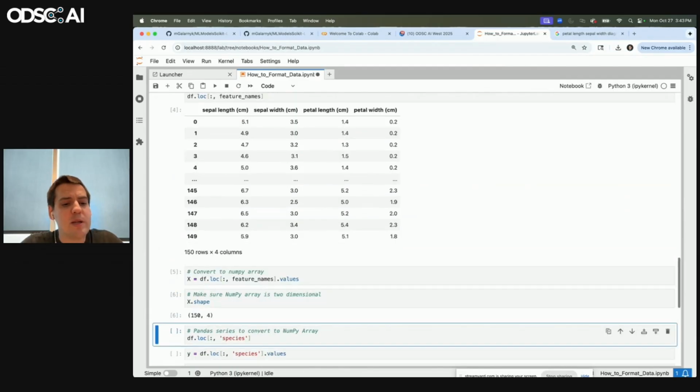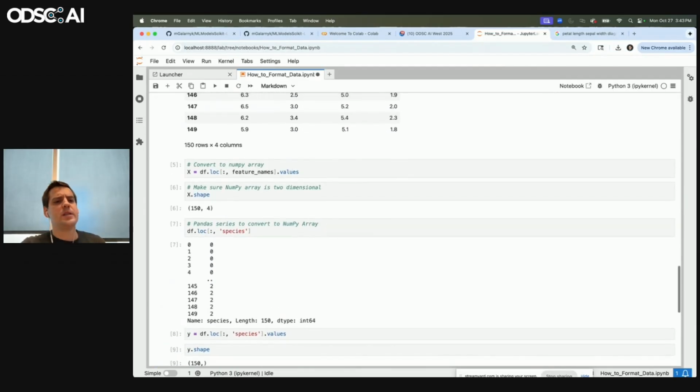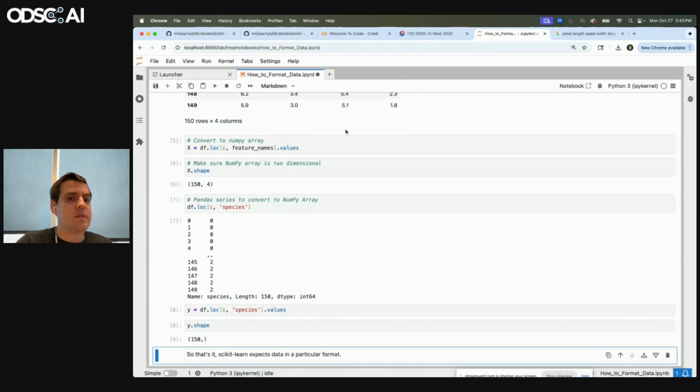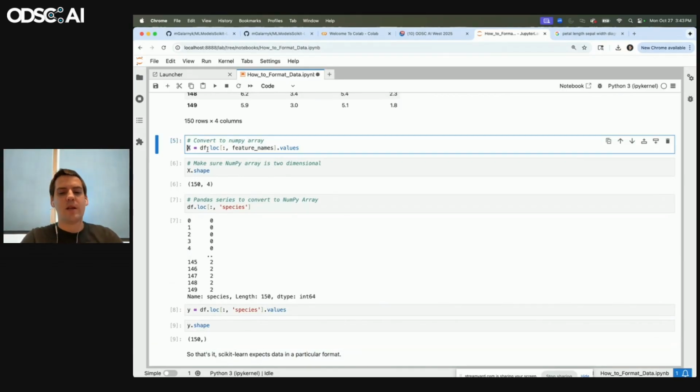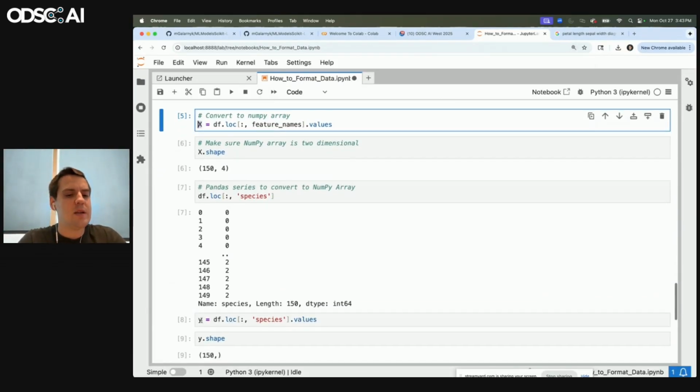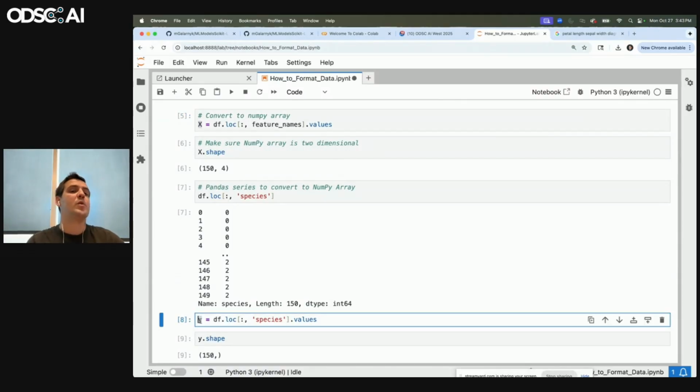One thing I want to mention here is that in theory you very commonly find X denoting your features, and Y denoting your target, what you want to predict.